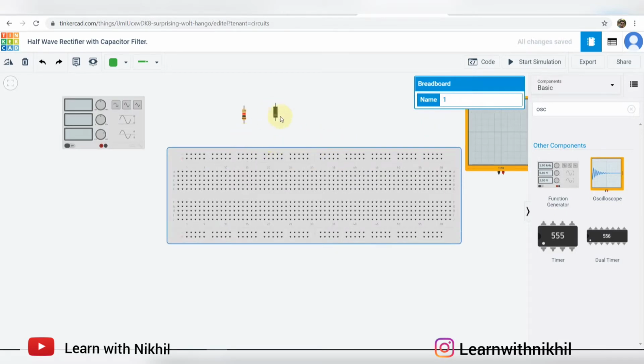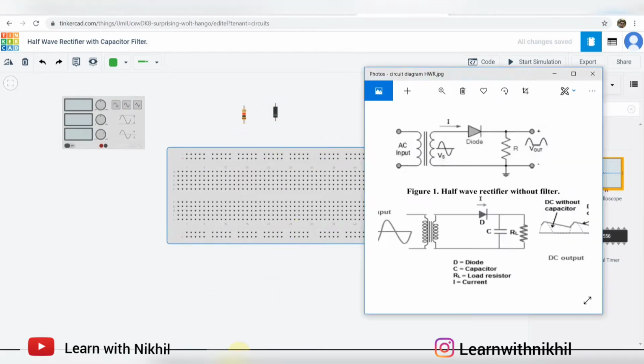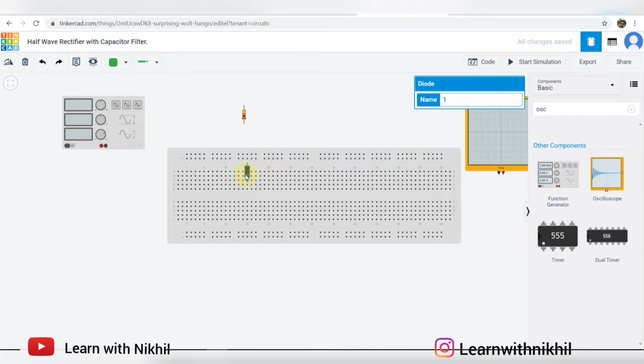Now we'll attach it according to the circuit diagram. The positive terminal is attached to the positive of the diode. So first I'll attach the diode here, positive terminal on the left side.